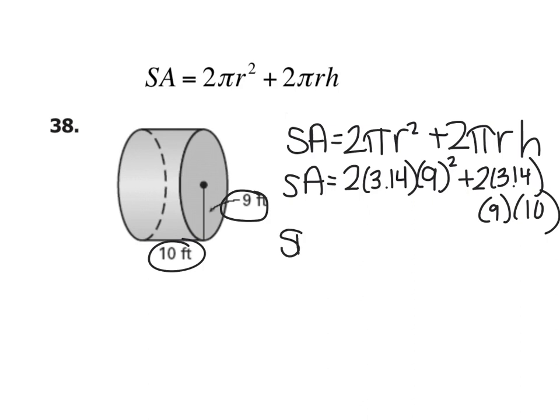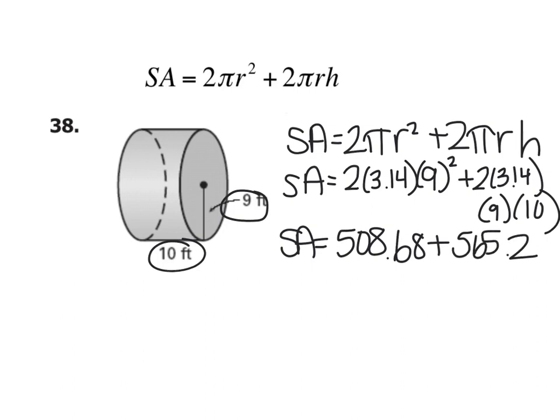And so surface area is equal to 2 times 3.14 times 9 squared is equal to 508.68, and then I'm going to do the same over here, 2 times 3.14 times 9 times 10, and I'm going to get 565.2.